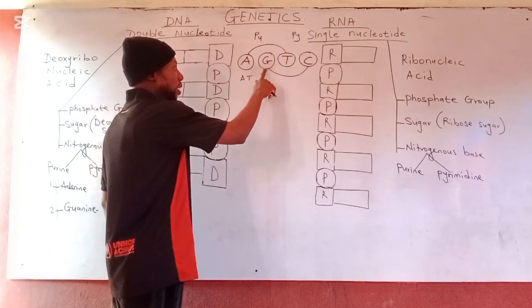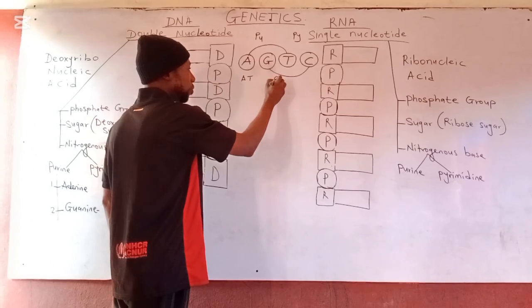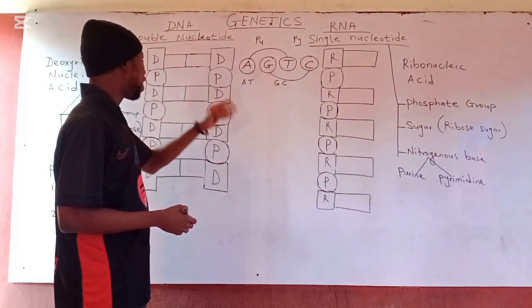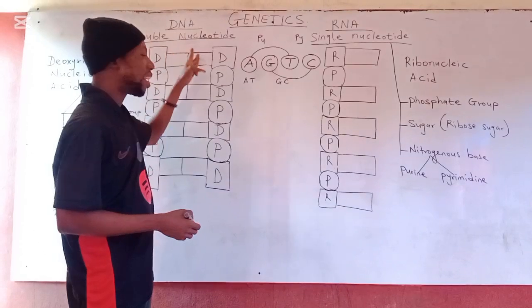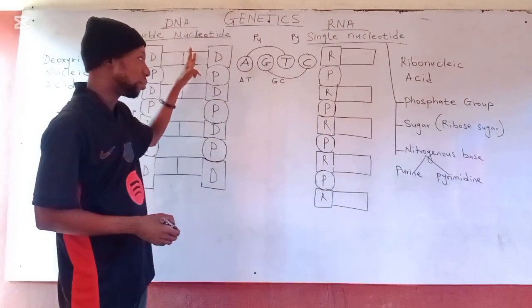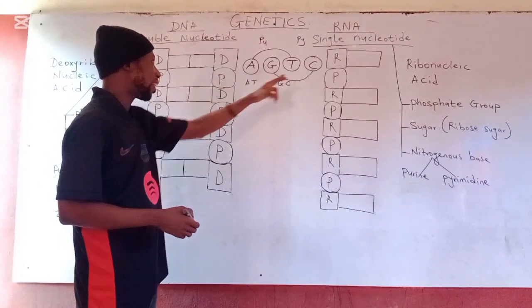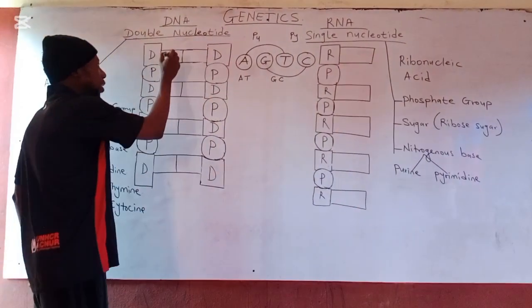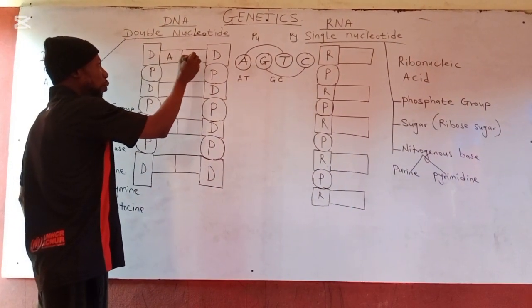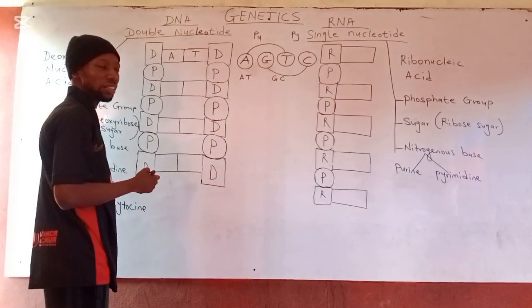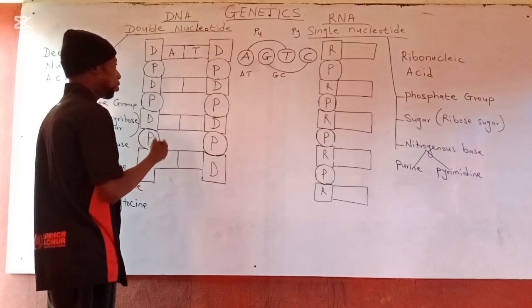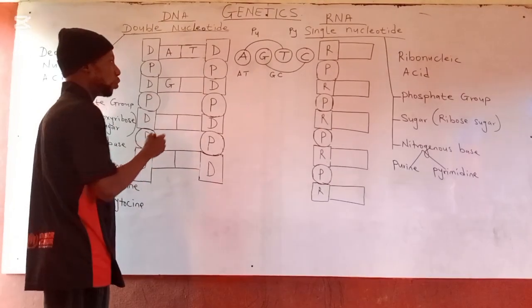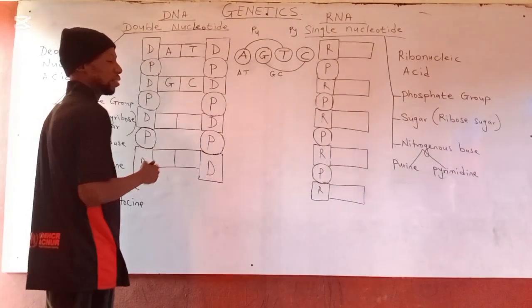When guanine pairs with cytosine, it gives you GC. That means anywhere we have adenine, it is paired with thymine. If we have cytosine, cytosine is always paired with guanine. So if here is adenine, adenine will always pair with thymine, that is letter T. Then if we have guanine, guanine will always pair with cytosine.